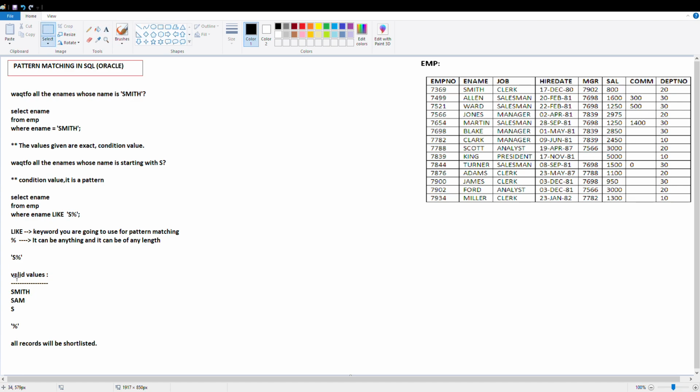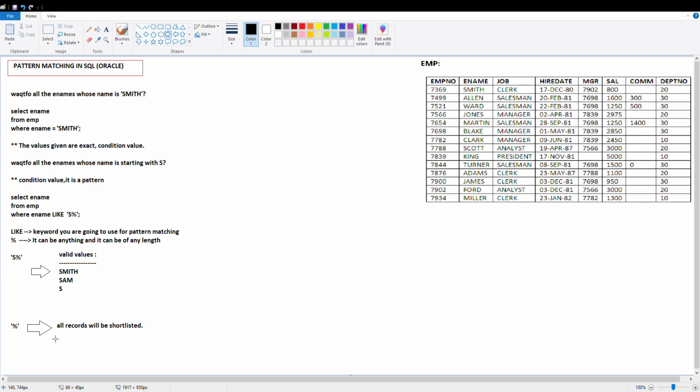So let's recap a few things. If I'm using this S percentage, I'm saying all the values starting with S will get shortlisted. However, if I'm using only percentage, whatever name is there, it can be Rohit, Sanjit, Sam, or anything, all the values will get shortlisted.